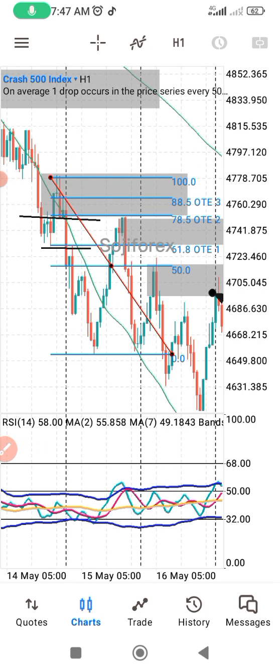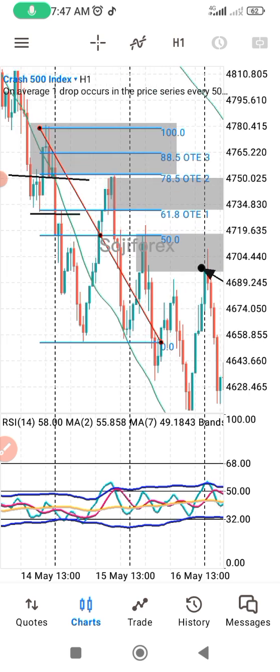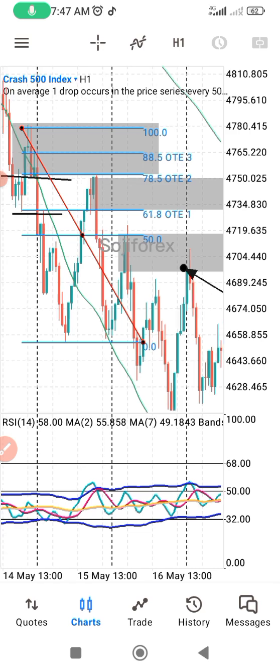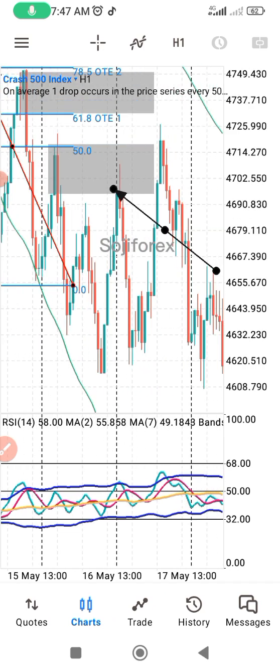Alright, and of course, for you to identify the order blocks, you need to have knowledge of your structural points, because your structural points are your order blocks. Those are the zones where the market makes reversals.